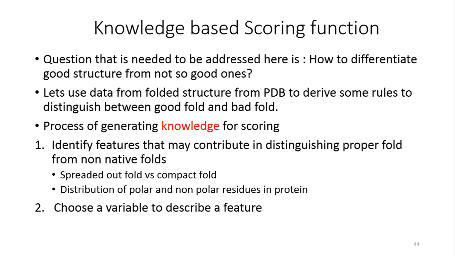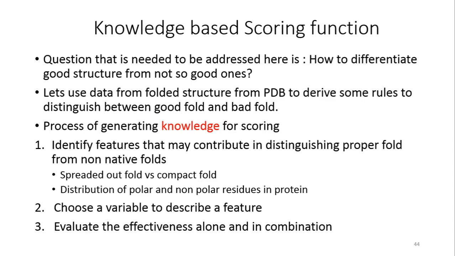Okay, the next step in generating this knowledge for scoring is that we choose appropriate variables to describe each feature. We might generate an accessibility profile for determining the residue distribution. We might create a hydrogen bonding profile in a similar way. The overall idea is to quantify those features in order to use them for scoring.